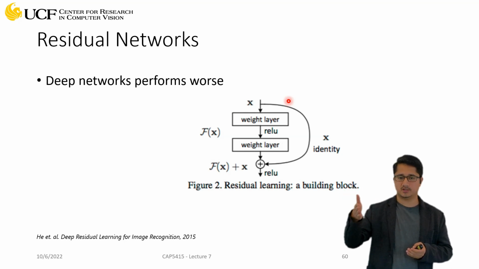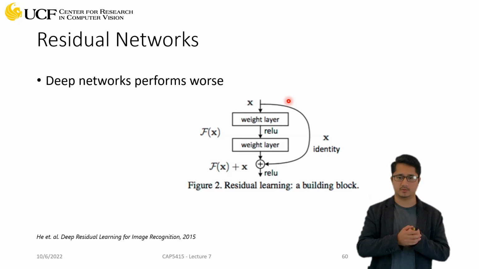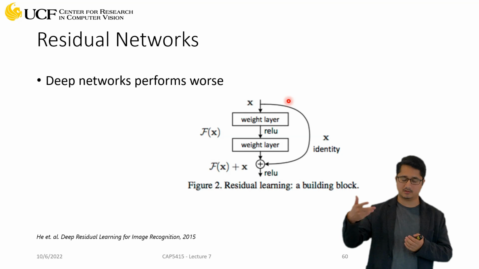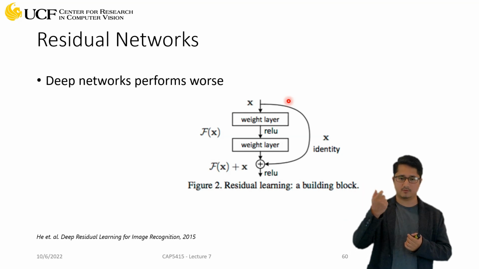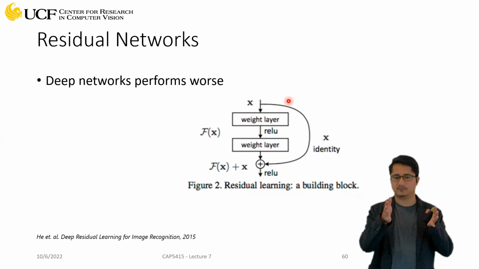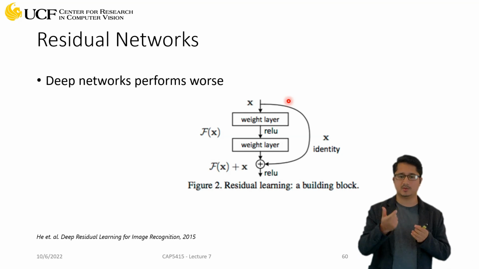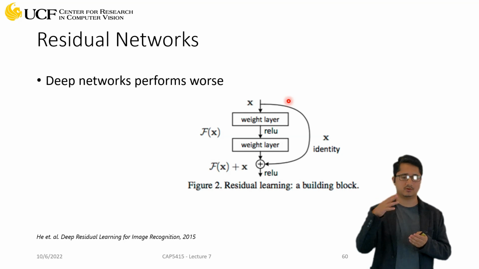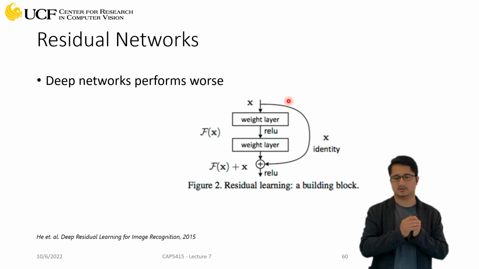But since this is based on the chain rule, which you have seen is a multiplicative operation, if your loss is very small and your derivative is also very small, then if you keep using the chain rule and keep computing the derivatives for your parameters in some of the initial layers of the network, those values will be very small because of the chain rule, which, as I said, is multiplicative. If you multiply two small values, you will get smaller values. Again, it depends on whether the values are less than 1 or greater than 1, and those are the two different aspects of this.